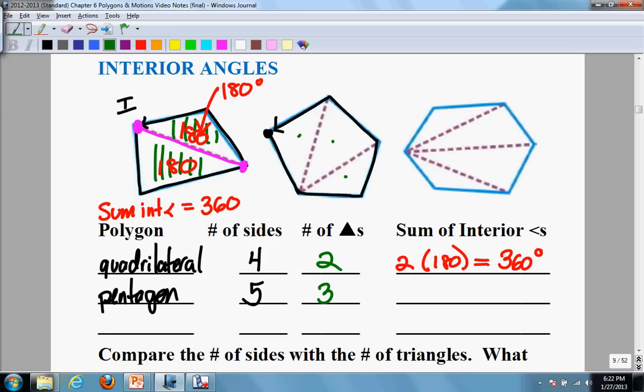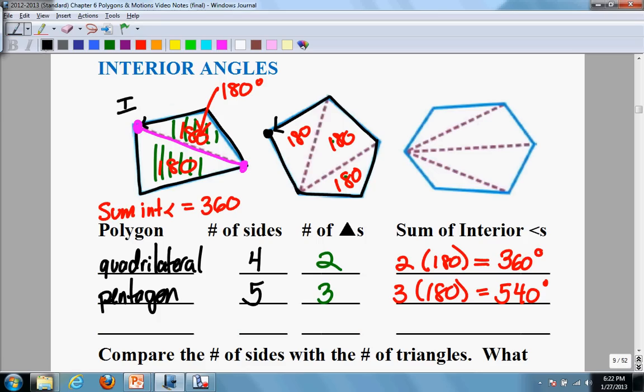So if I wanted the sum of the interior angles, I simply do 3 triangles times 180 equals, and 3 times 100 is 300. 3 times 80 is 240. So 300 plus 240, that's 540 degrees.